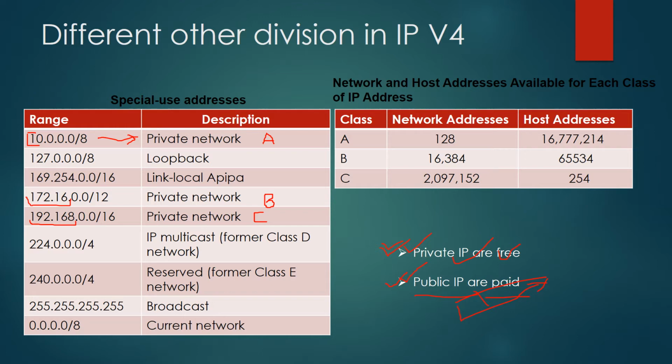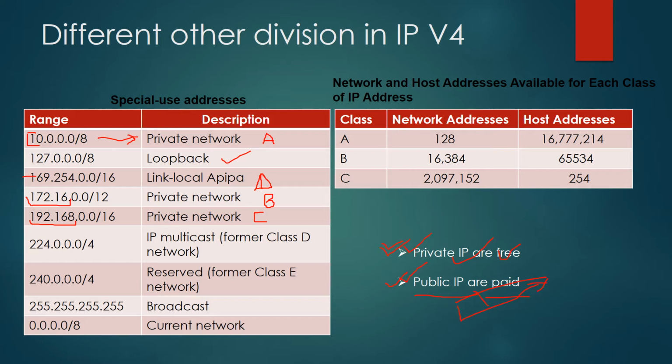127.0.0.1. What is this? This is the loopback address. This is used for testing the network in your system, any device. What is this, 169.254.0.0? This range you will see on your computer when you are seeing a triangle mark at the network. It means you do not have a network.